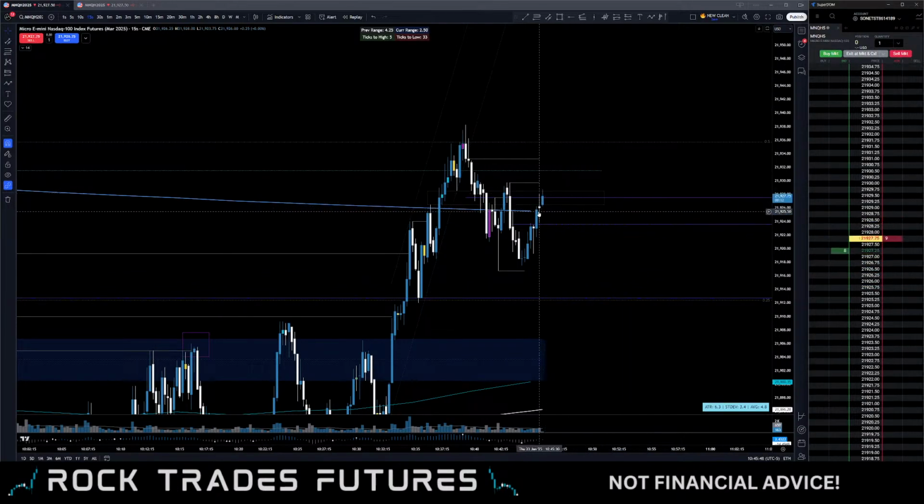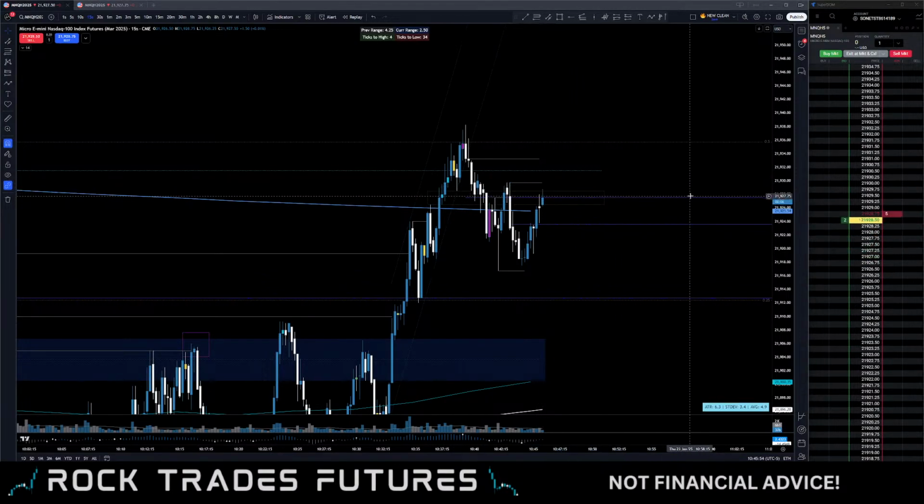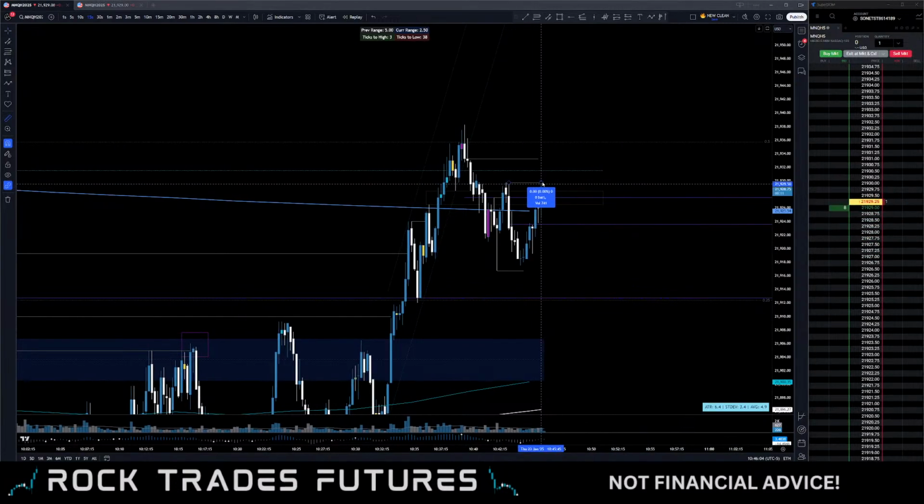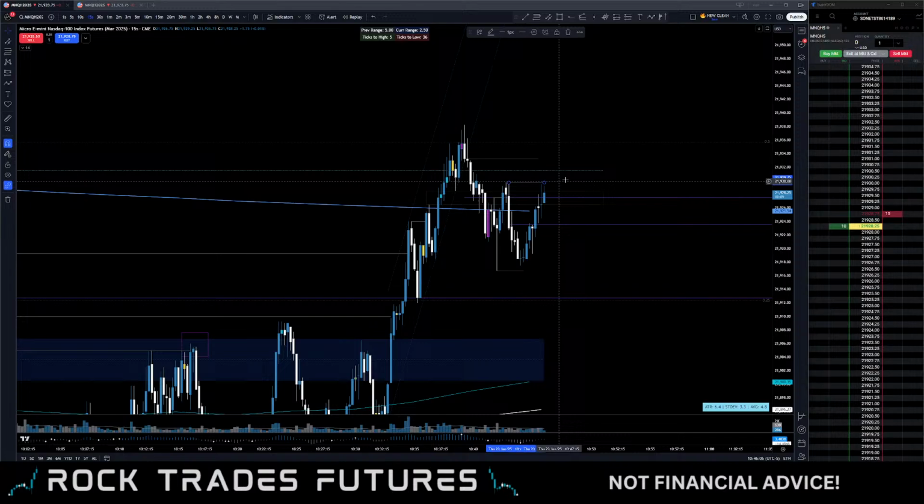That's not a real trigger. It's more of a doji. Pin bar, looking for this liquidity to be taken. Short trigger up here.